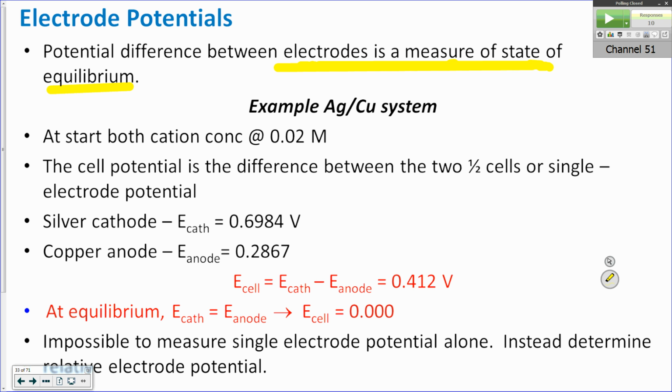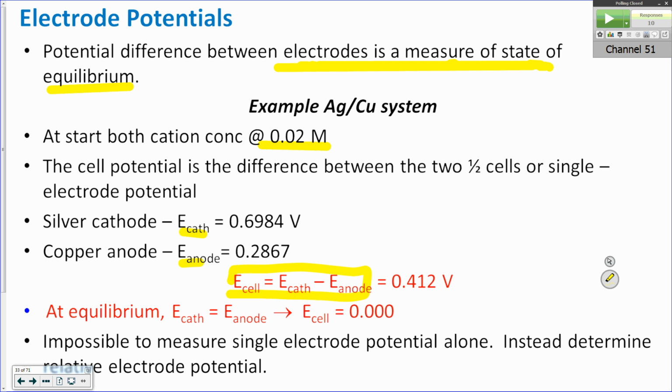And we talked about what happened with the silver tree, the one that we looked at earlier. Both the cation and the anions are both cations, in this case the metal, the copper and the silver, they both start out at 20 millimolar. The potential difference in the cell, as we measured, is the difference between E cathode and E anode. So E of cell equals E cathode less E anode.